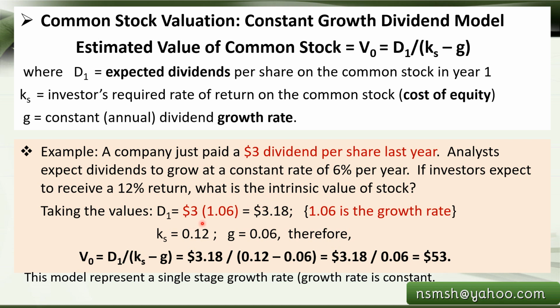It will grow up to $3.18. Taking that D1 value, the dividend of the first year, 3.18, divided by the rate of return minus the growth rate, gives $53. So it is very clear. The model represents a single stage growth, that is, the growth rate is constant.